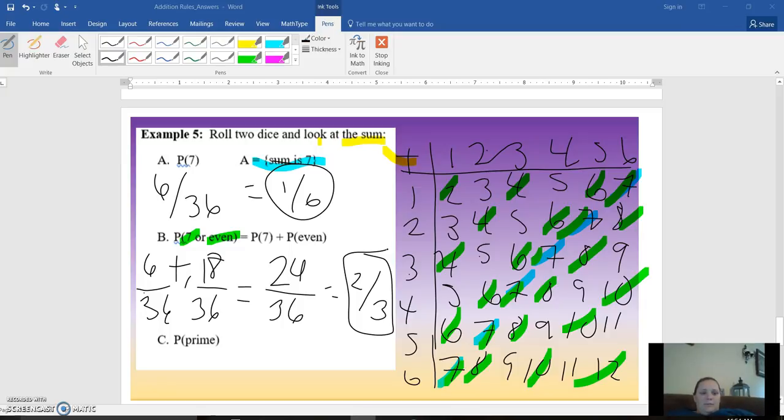All right, and then a prime number. So a prime number is the numbers 1, the numbers 2, the numbers 3. 5 is a prime number. 6 is not a prime number. 7 is a prime number. 9 is not a prime number because you can do 3 times 3. 11 is a prime number.